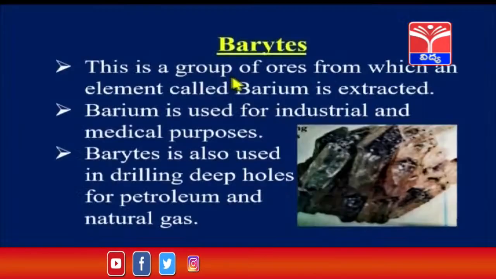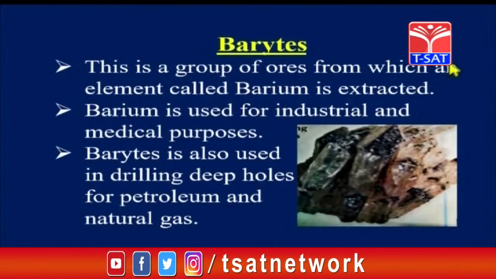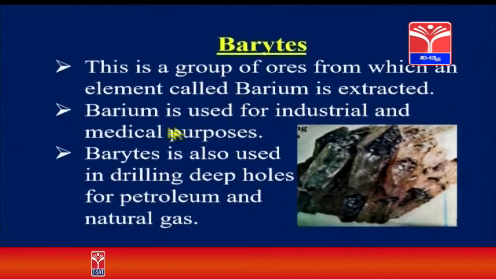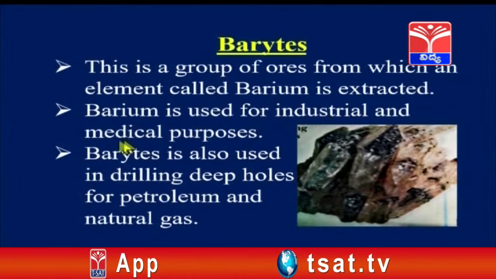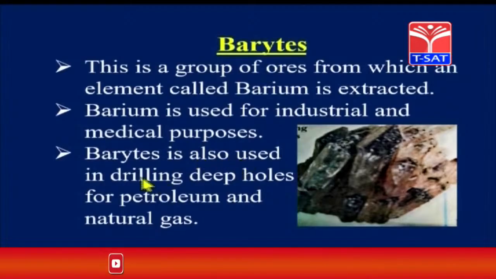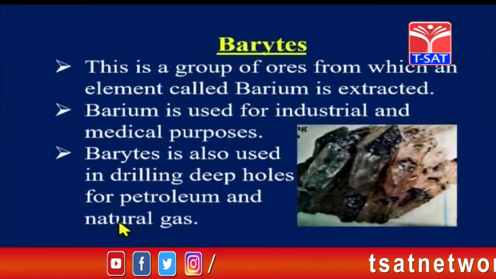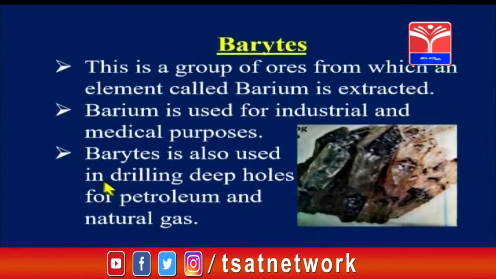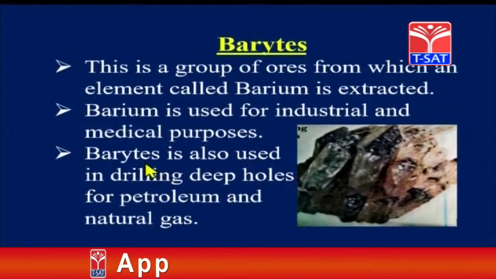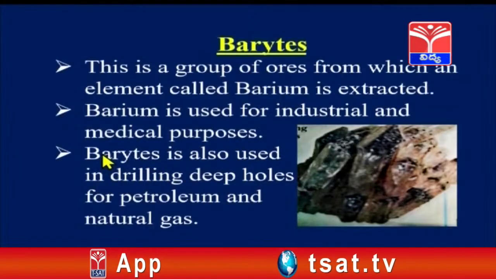This is a group of ores from which an element called barium is extracted. Barium is used for industrial and medical purposes. Barytes is also used in drilling deep holes, petroleum and natural gas. Means barytes is used for digging deep holes also.